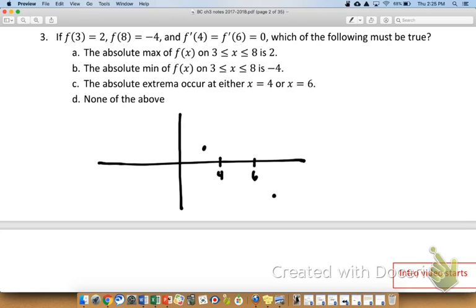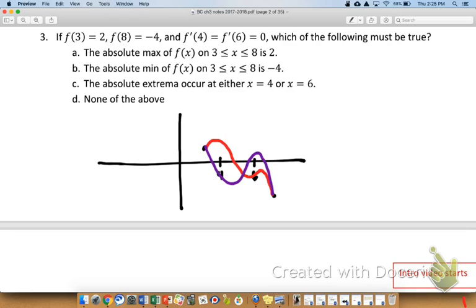So let's think this through, what this could look like. Would you agree that this could look like that? It could. I'm just basing this on the information at hand. You maybe thought of it like that, maybe you drew something like that.